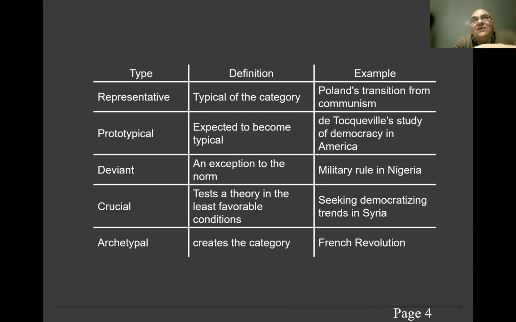The best example is the Tocqueville study of democracy in America. Alexis de Tocqueville was a French aristocrat who visited America during the 1840s. He was working for Napoleon III, and he wrote a book about how democracy works in America. The critical point here is that there was not another democracy in the world.